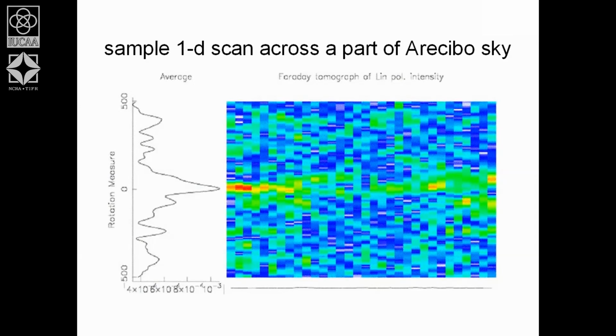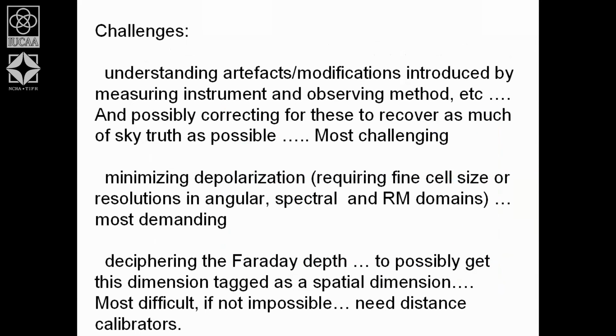Of course, one has to be mindful of the fact that the magnetic field might change its direction, because of which the net Faraday rotation might appear to go up and then come down. And you will find that at a given rotation measure, you might have a combination of something near to you and something far from you.